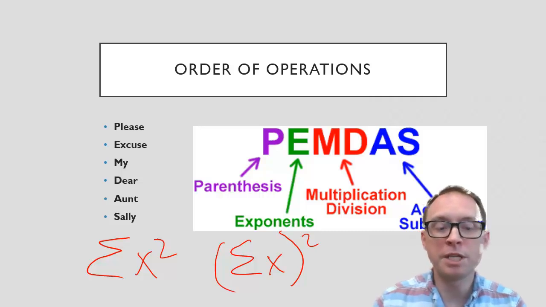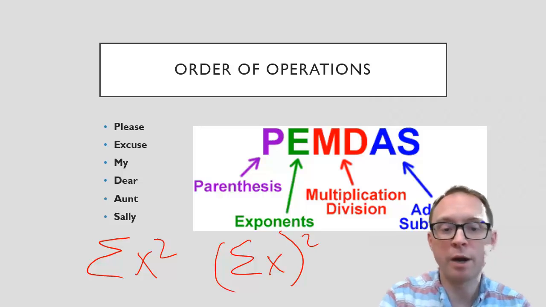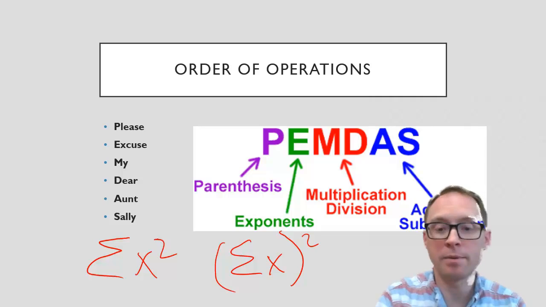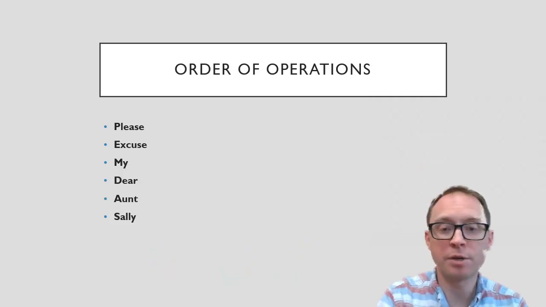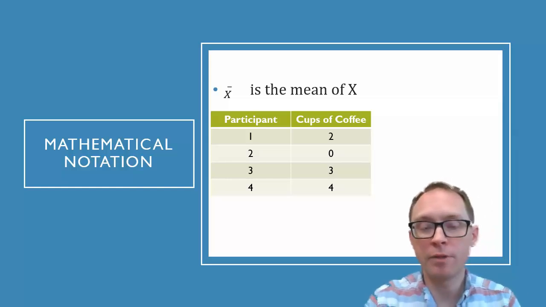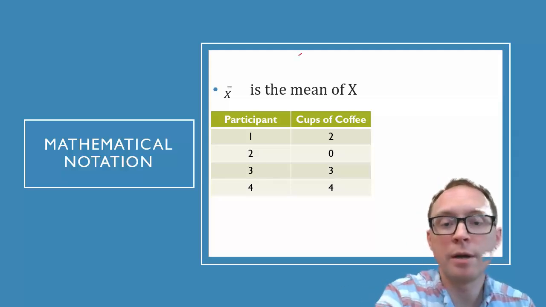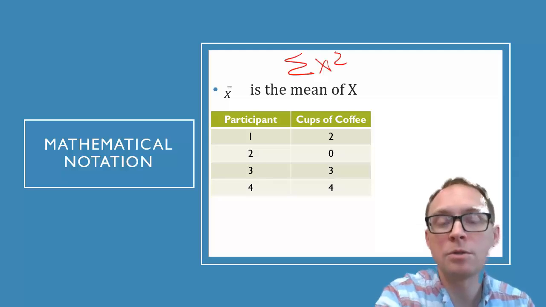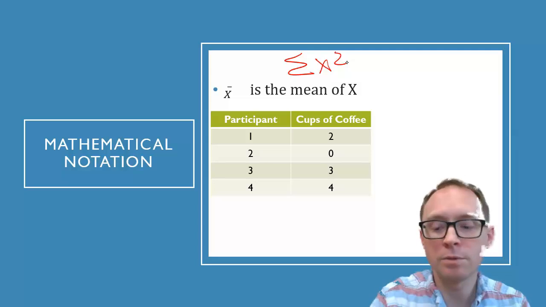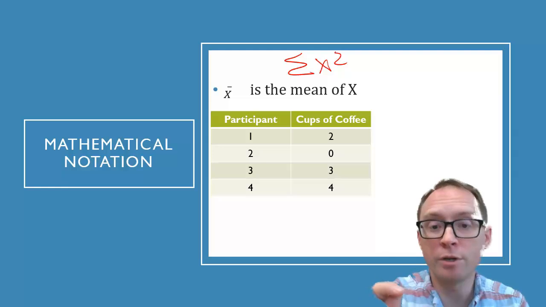So in this particular case, let's go back to our actual data. The sum of x squared in the first instance means we've got to do the squaring first, and then we add them up. Without any parentheses means we've got to square them first.